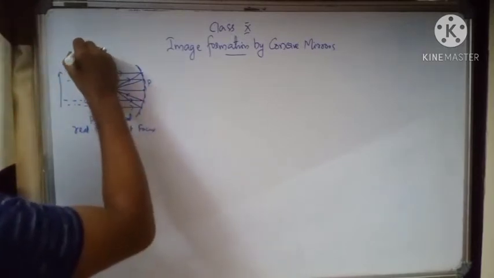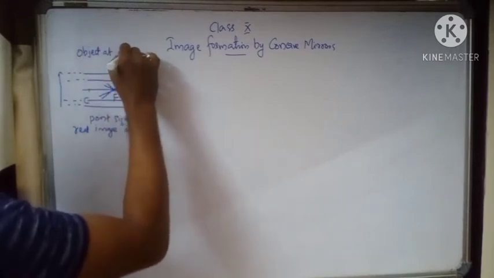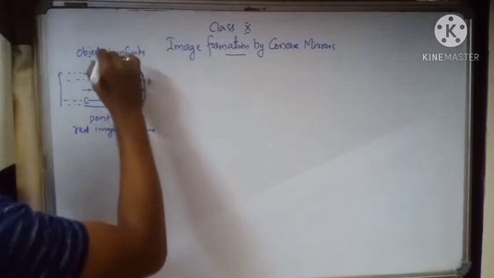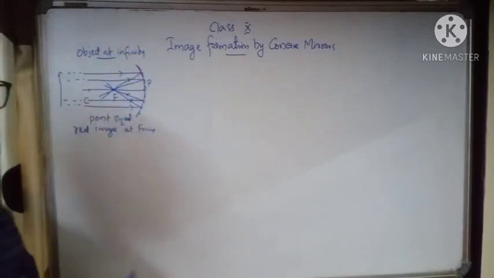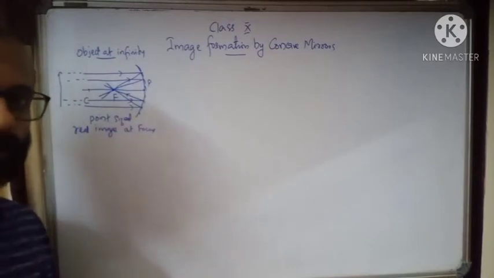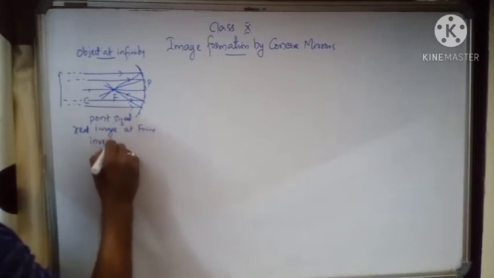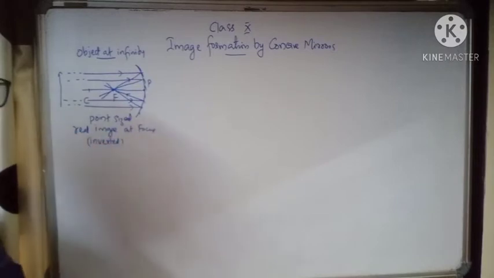So the object is placed at infinity, and we are getting the image at the focus. It's a very tiny point-sized real image. If it is a real image, it will be inverted also. So I can say the image will be inverted.